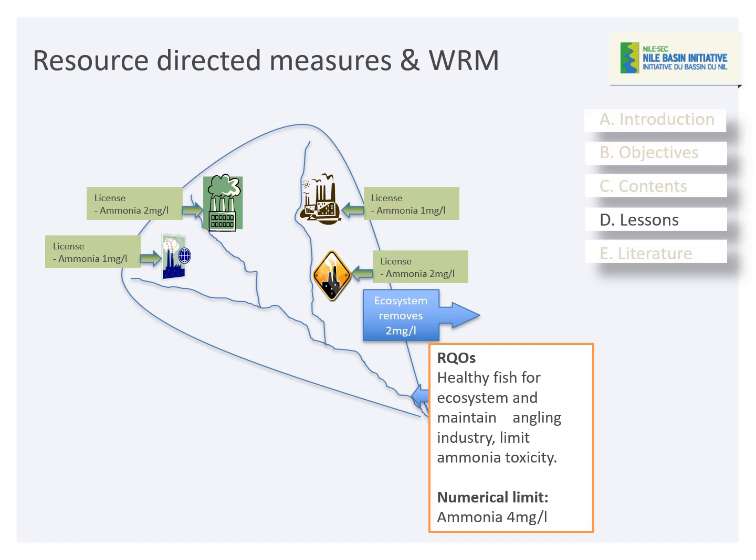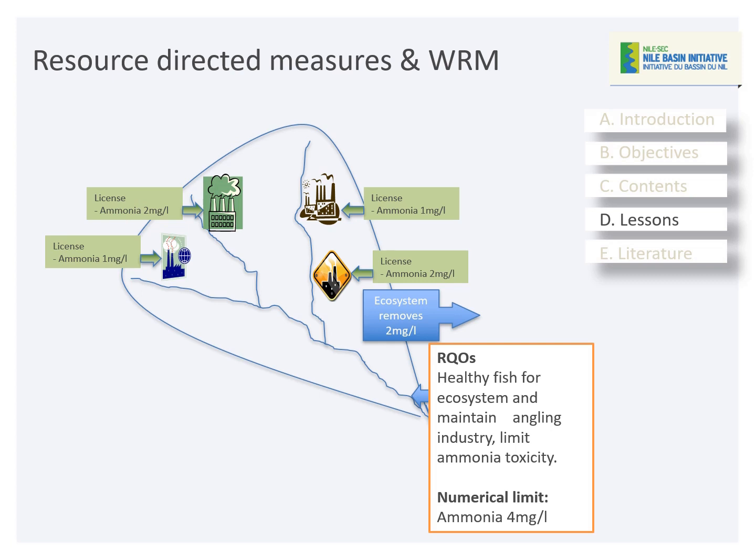They would be allocated to release 2 milligrams per liter, 1 milligram per liter, 1 milligram per liter, and 2 milligrams per liter of ammonia. And we would know that the ecosystem mitigates and removes 2 milligrams itself. So you can see if you add that up, you have 6 milligrams of ammonia being released or loaded into the environment. That would be the concentration.